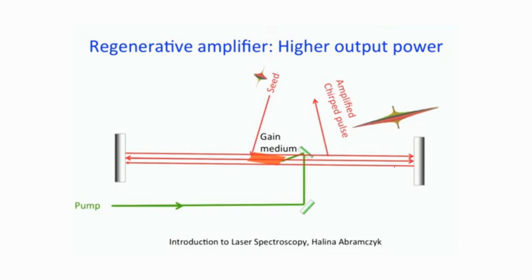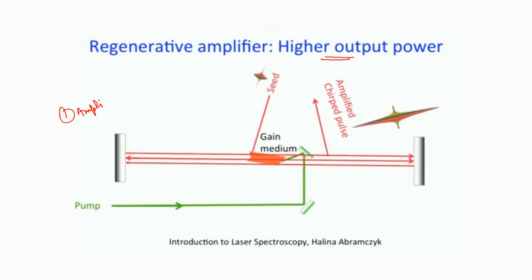Then again it passes through the gain medium, back and forth, to and fro, and again goes out. As a result, by passing through these plane mirrors which are parallel to each other, the output we get is of high power. By passing through this entire setup, we get something which has more power.